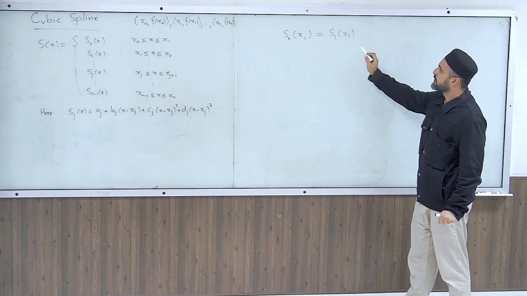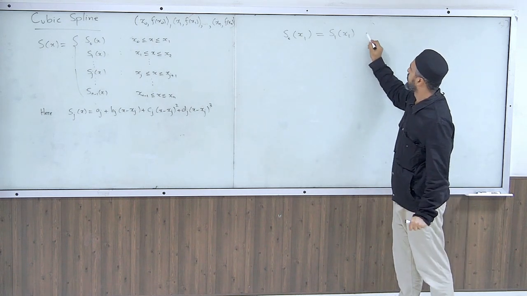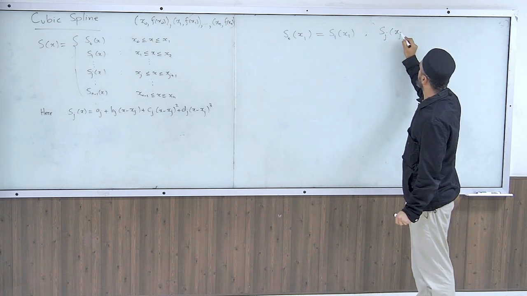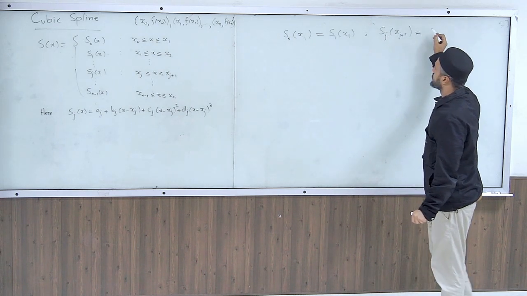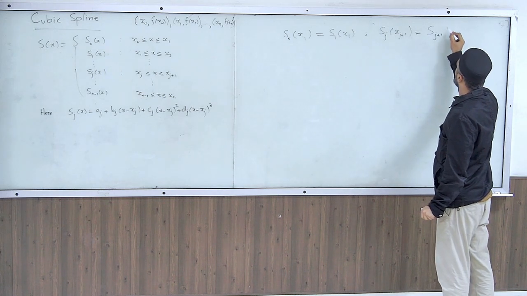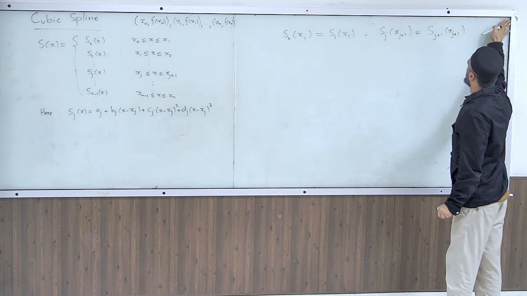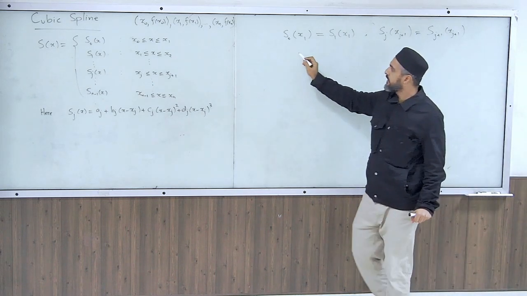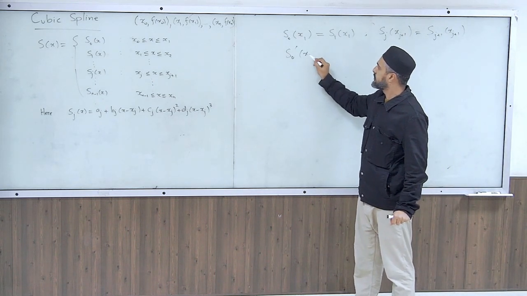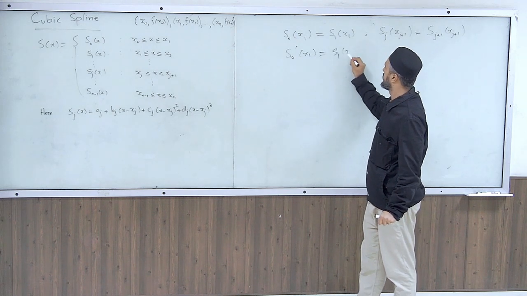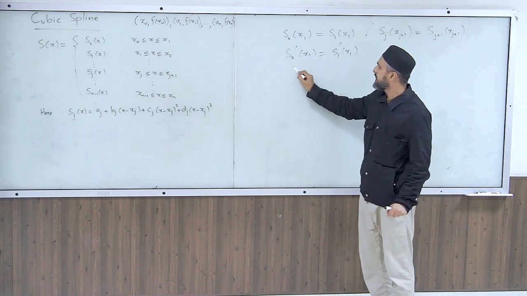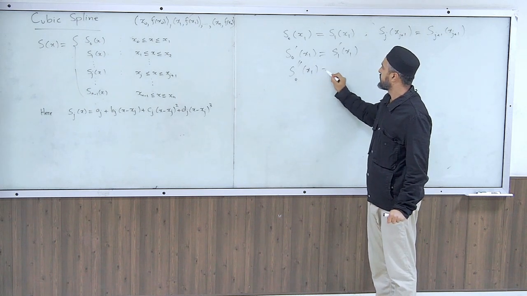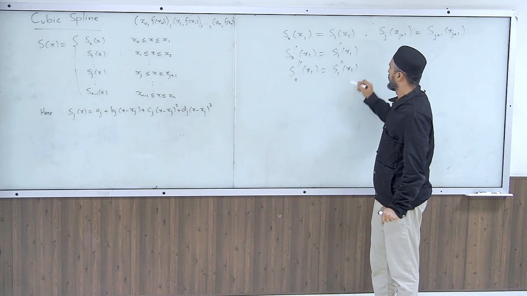This condition should hold for Sj of xj plus 1 equals Sj plus 1 of xj plus 1, which we can write in a general setting. Then we say the derivative should also be the same at this point, and for a smoother curve, the second derivative should also be the same.